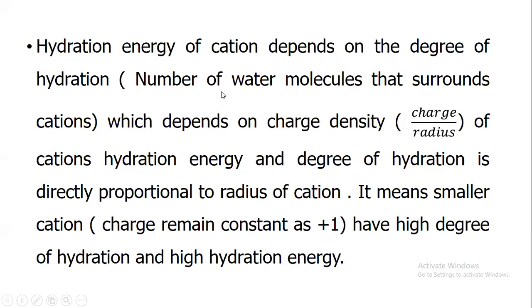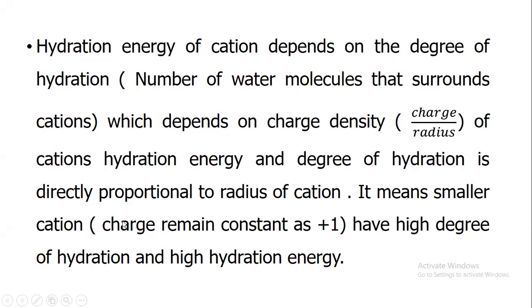The hydration energy of a cation depends on the degree of hydration, the number of water molecules that surround the cation, which depends on the charge density, charge over radius, of the cation. Hydration energy and degree of hydration are inversely proportional to the radius of the cation.